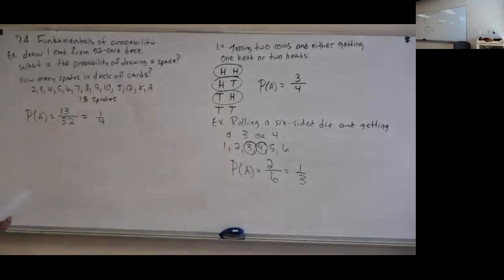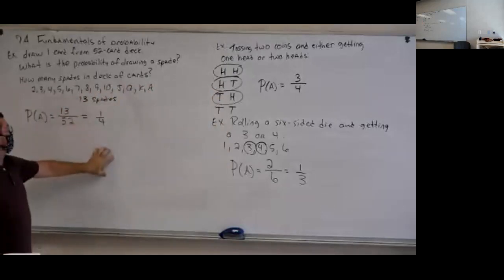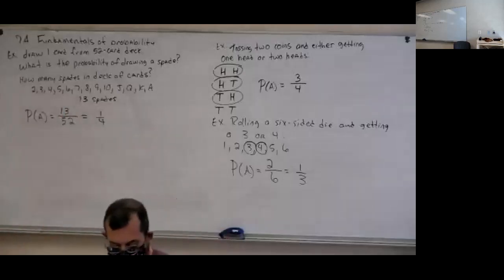My next one says a diamond. It's going to be the same probability, right? Whether you're drawing a spade or a diamond or a club or a heart, it's going to be 1/4.